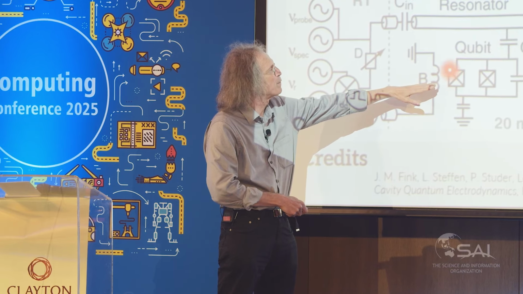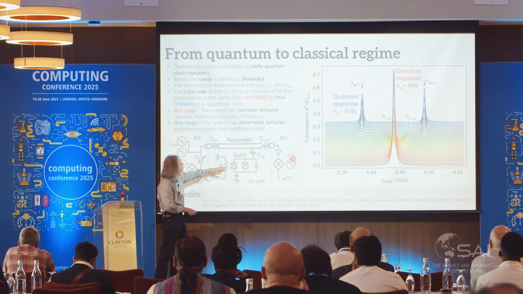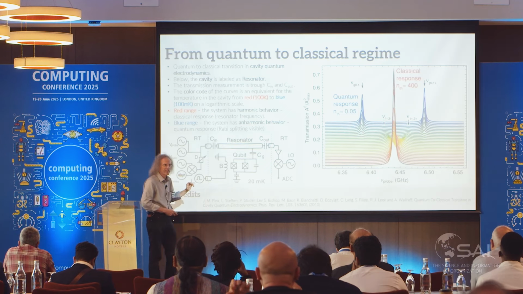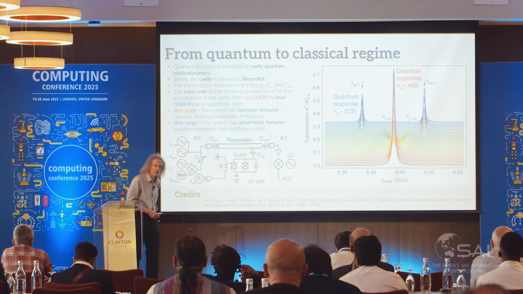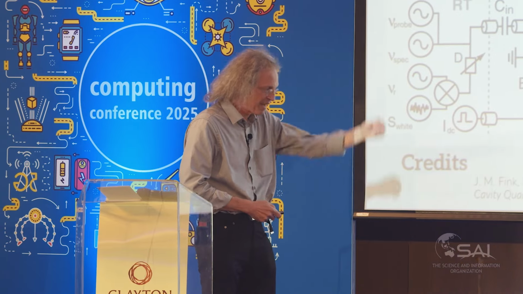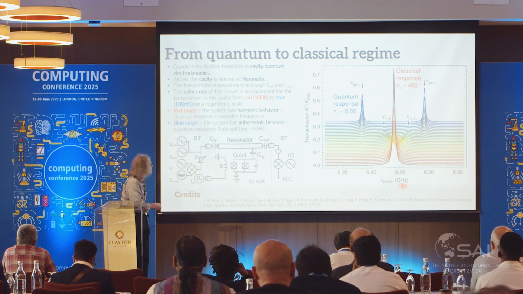Now we have to interface it, and that's done very often with a resonator. This resonator is really the classical thing. It's just a pendulum, and this pendulum actually is coupled with a capacity.